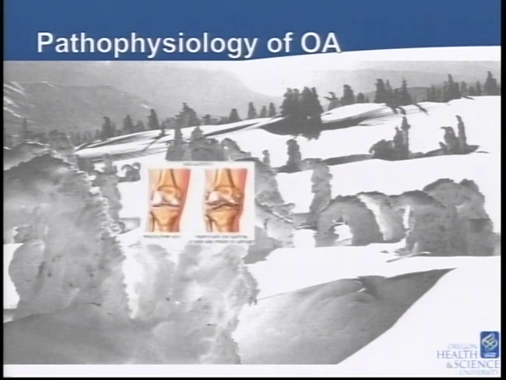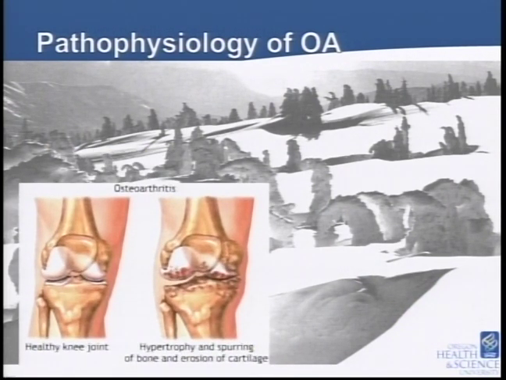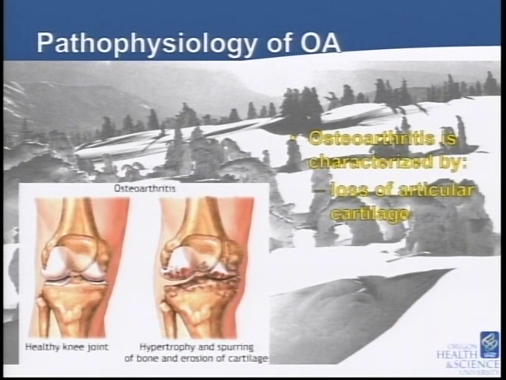So what is the pathophysiology? We've got the picture of our healthy knee joint and then our arthritic knee joint. And we know that osteoarthritis is characterized by several things. We start to lose the articular cartilage, so that cushion between the bones. We start to get joint margin bone formation, so essentially these are bone spurs that start to occur.